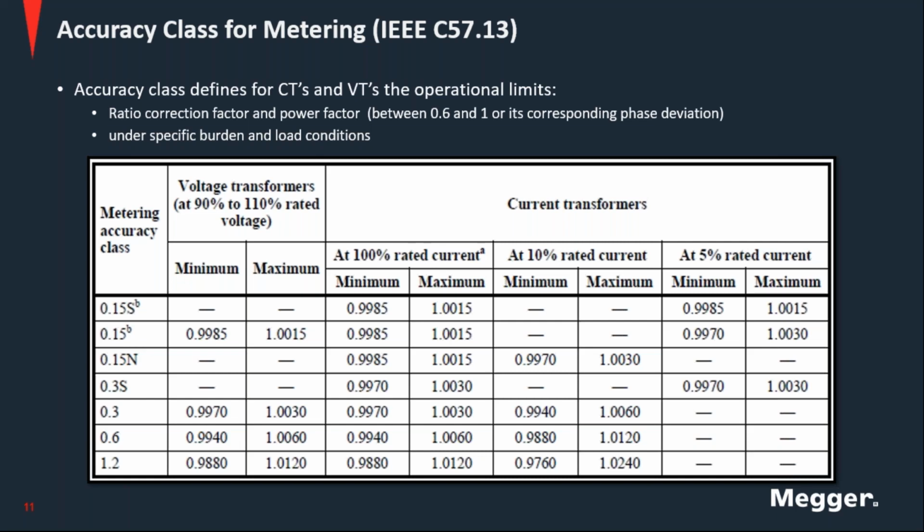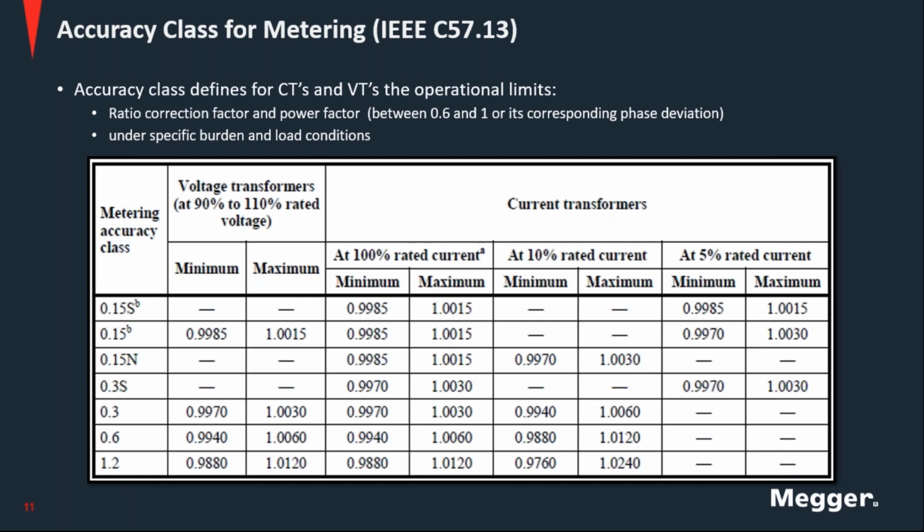The other thing to consider about the accuracy class is that the manufacturer guarantees the instrument transformer will perform within these limits if there is a burden that does not exceed a certain rating, and if some loading conditions are present.